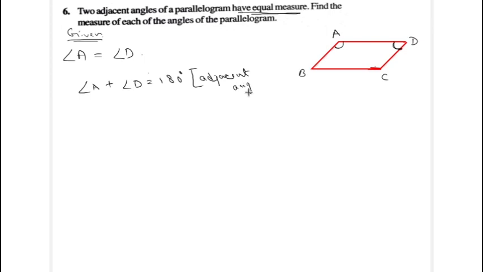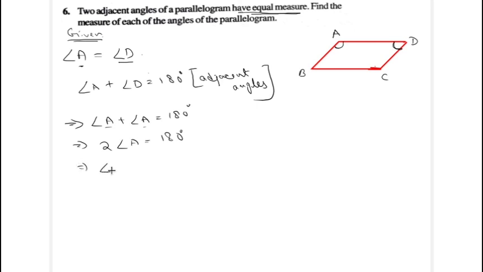Now see, angle A plus angle D. Angle D is equal to angle A, so in place of angle D, we can write angle A. So angle A plus angle A means twice angle A equals 180 degrees, or angle A equals 180 degrees divided by 2. So angle A equals 90 degrees.